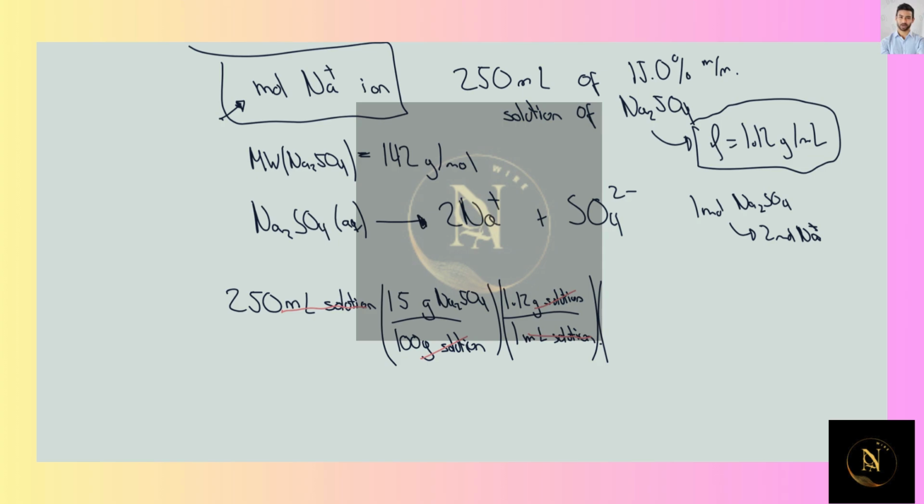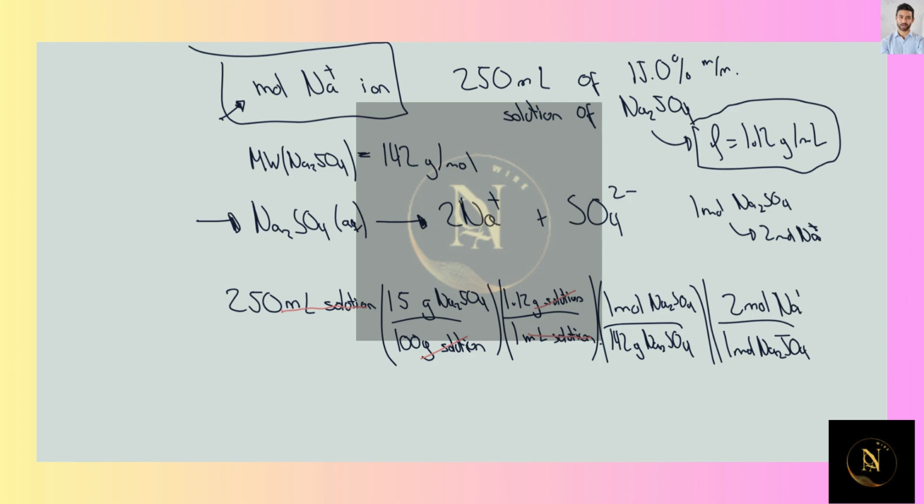We know that 142 grams of the sodium sulfate is going to correspond to 1 mole. And we know that 1 mole of sodium sulfate, according to the chemical equation that we wrote down over here, is going to produce 2 moles of the sodium plus ion.